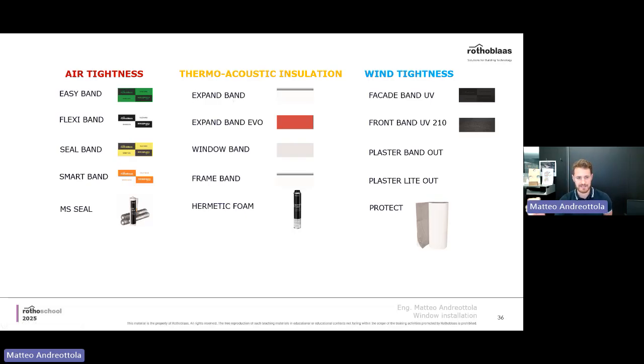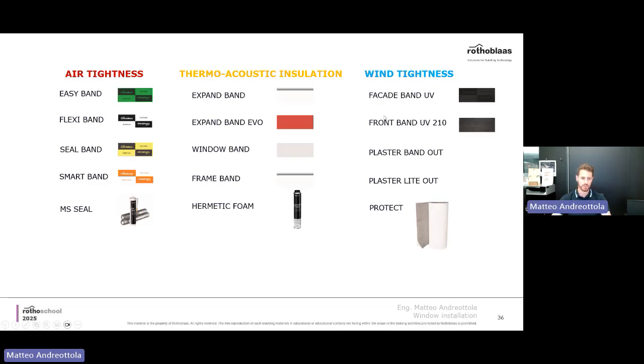It's a profile that expands with humidity and time, basically. When you place it, it's a flat piece of material. After a while, you see it growing more and more. And this is basically the one that I was mentioning to you before, which closes every gap.